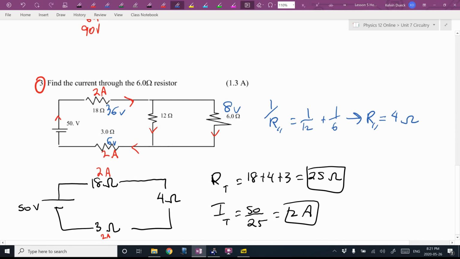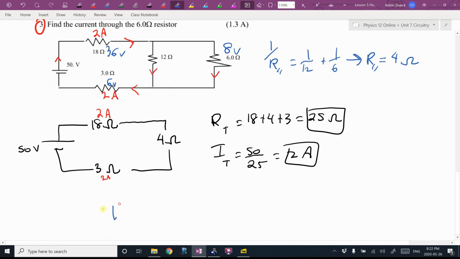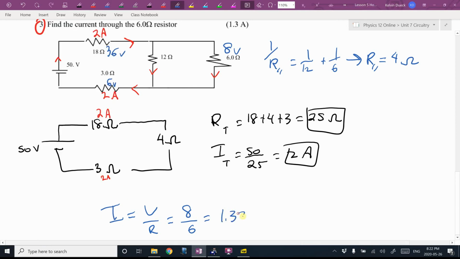And now I can tell you the current. I is going to be V over R. In that resistor, it's 8 over 6, which is 1.333333 amps. There you go. Oh, yep, there's the answer. 1.3 amps. 1.3 repeating.